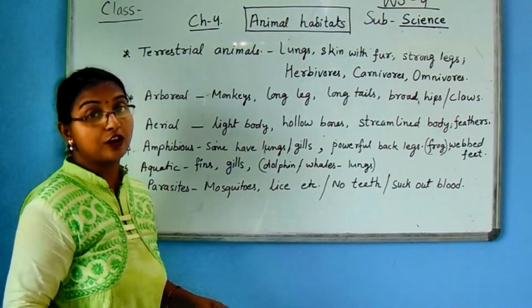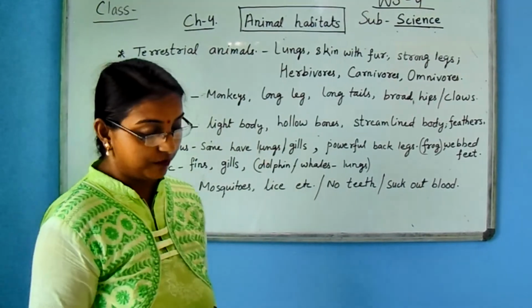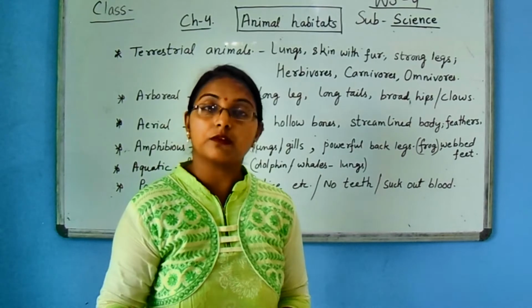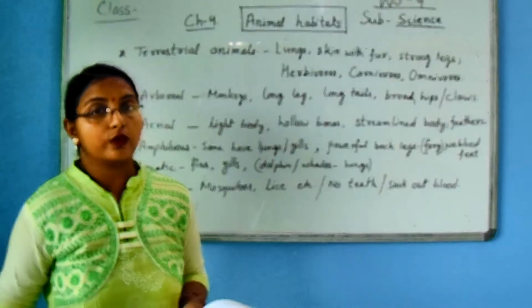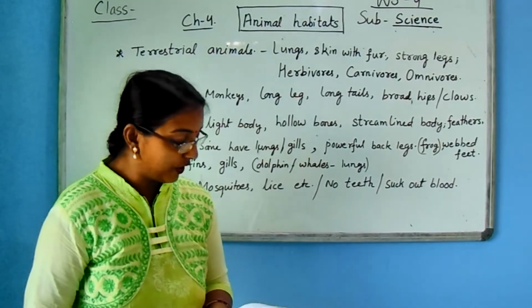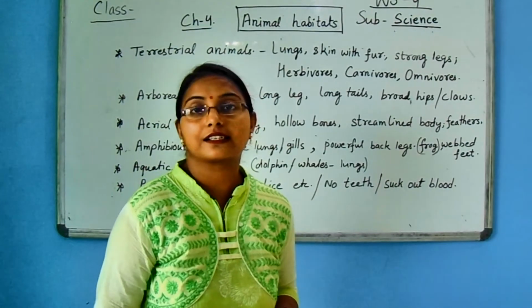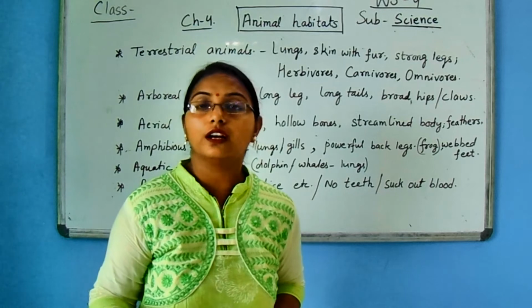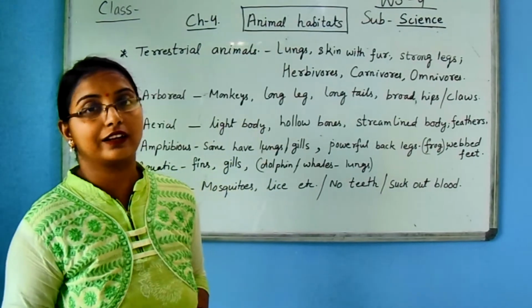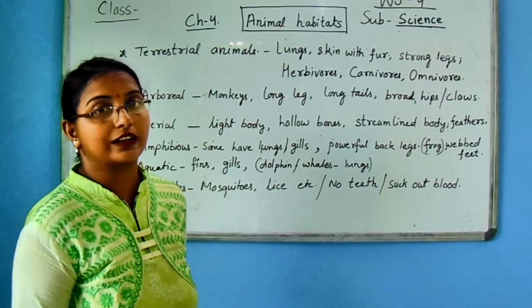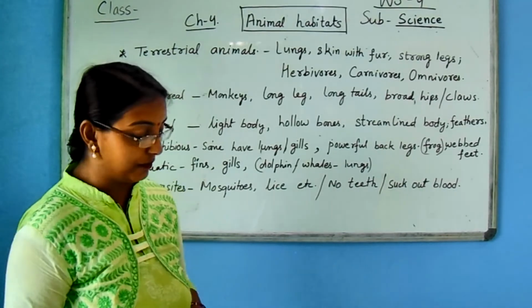So the next topic is migration. Migration means some animals leave their place in the changing season or weather, while food is scarce. That means lack of food, lack of suitable weather, soil conditions, and favorable climate.